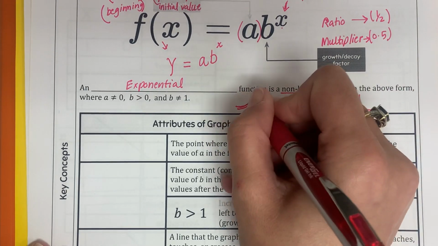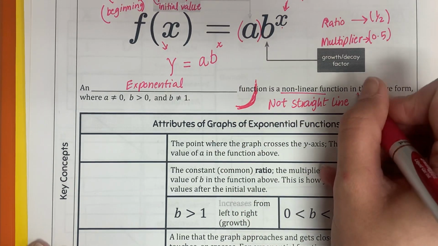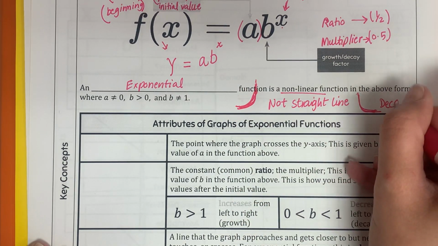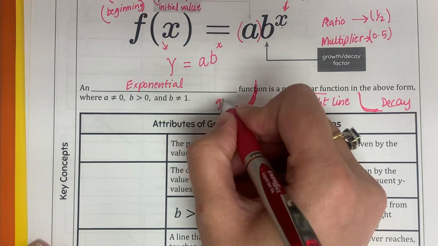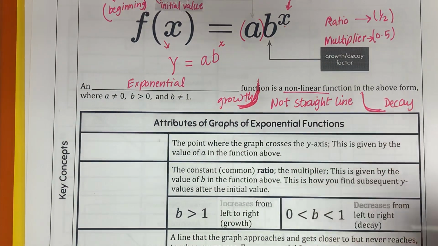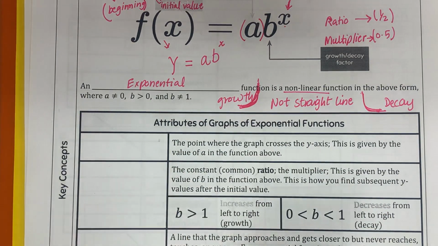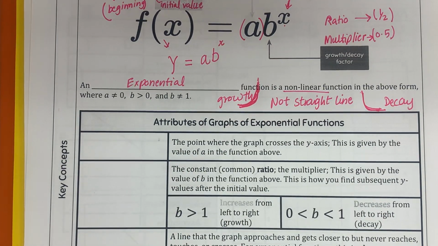So this one is going up, that's going to be growth, and this one is going down, that's going to be the decay or decrease. How do you figure out growth and decay? Well, if you see it, you get to see it. But if it's a graph, that b tells you if it's going to be growth or decay, and we'll talk about that next.